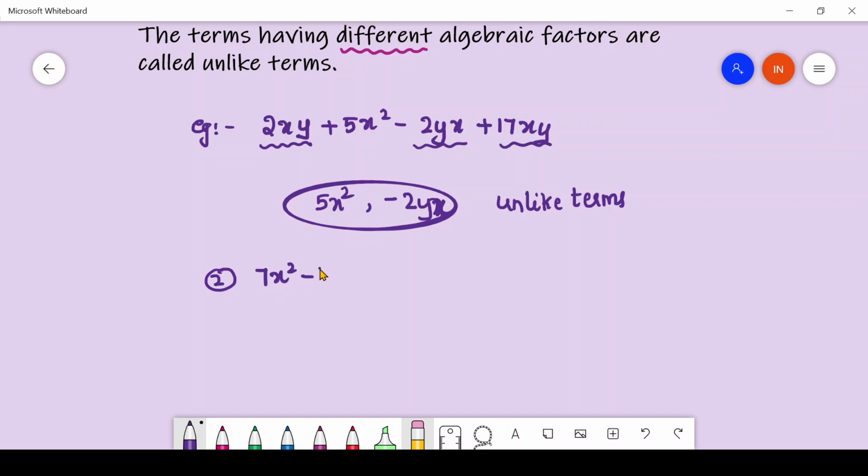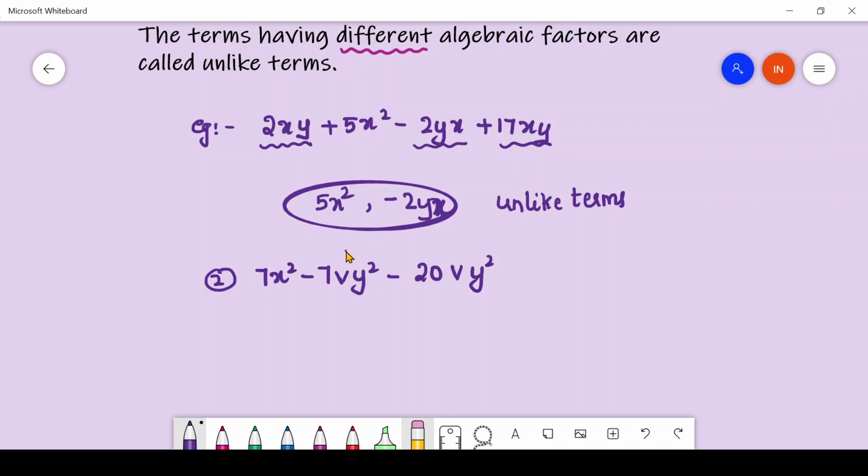7x square minus 7vy square minus 20vy square. Can we say that there are like terms and unlike terms?